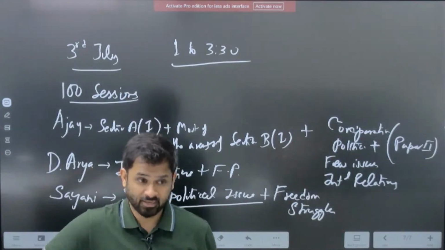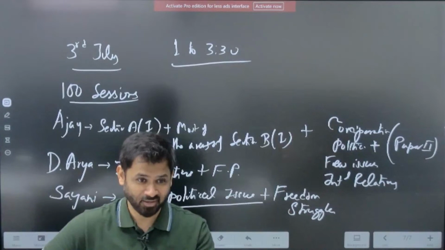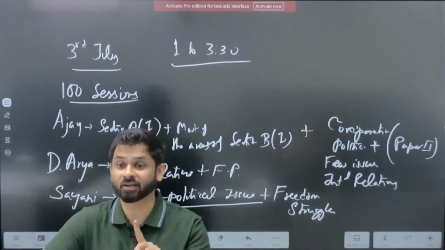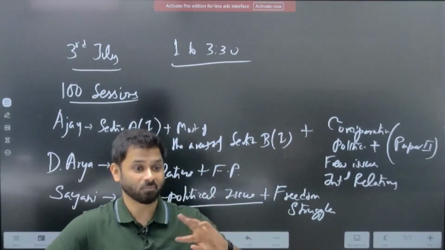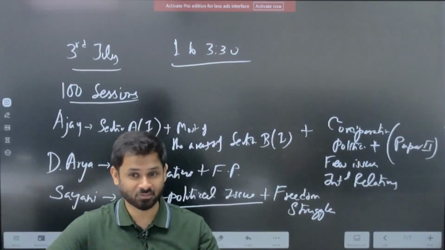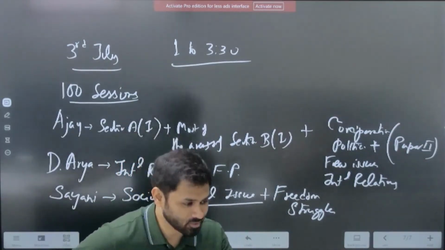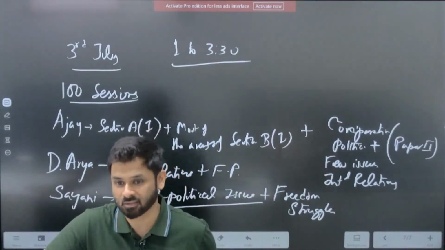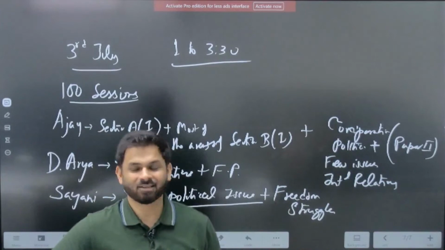And politics: generally a GS student will not get into politics, but a PSIR student will have to get into important political issues like center and state conflicts, or conflicts between a chief minister and the prime minister. This is not important for GS, but in PSIR it will be important, because you can write examples, like on this issue something like this happened. But not informal politics.